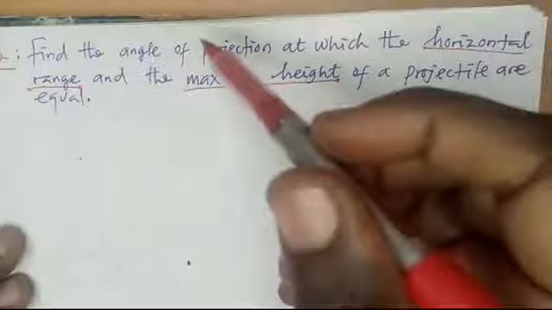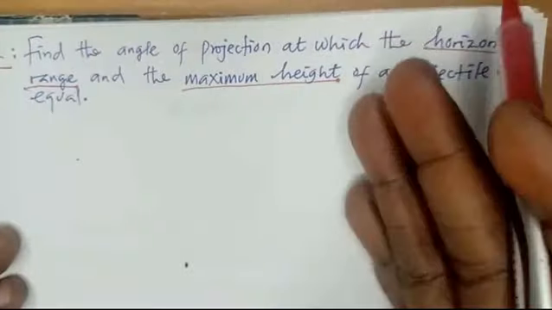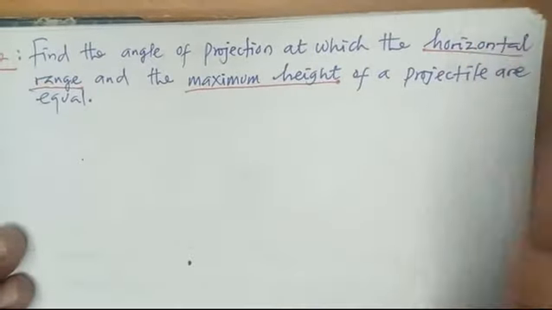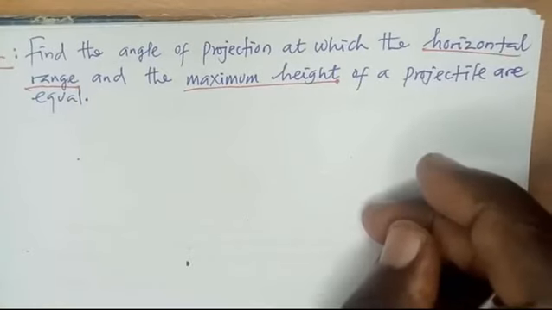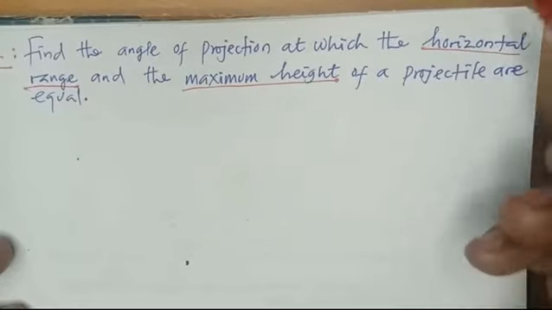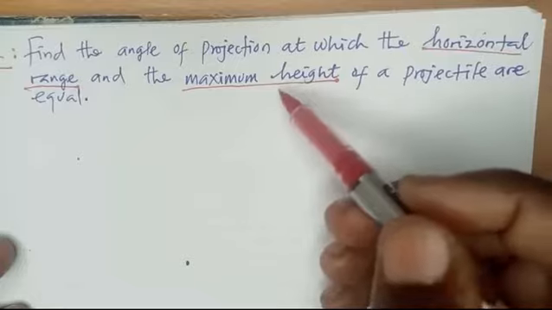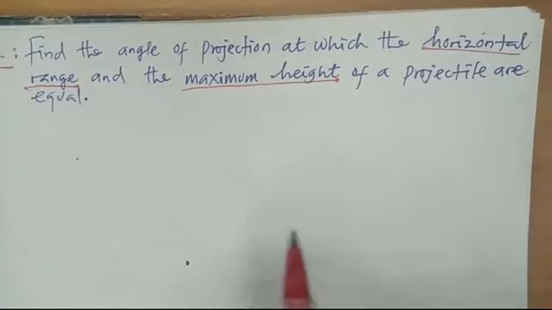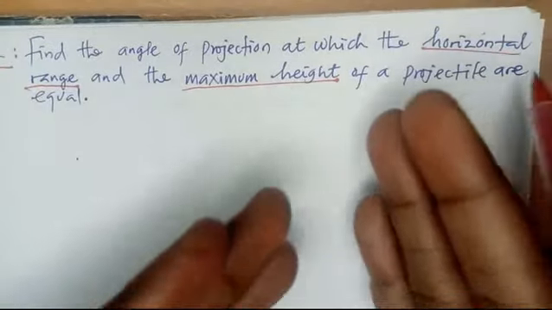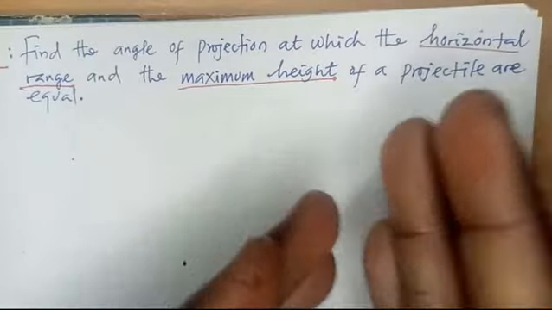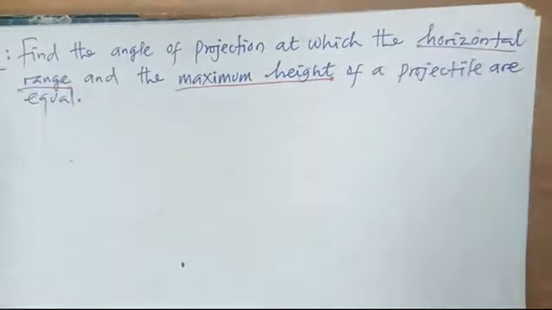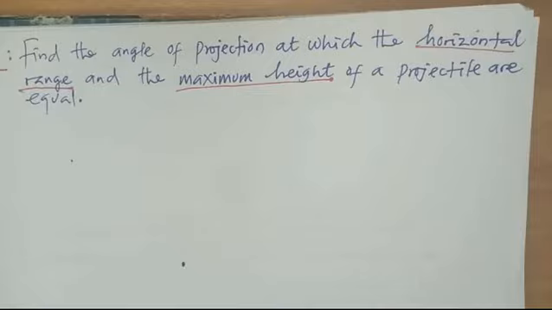So we should find the angle such that when a projectile is launched at that particular angle with respect to the horizontal, the range and the maximum height will be equal. They will be identical, meaning if the horizontal range is 50 meters, then the maximum height is also 50 meters.